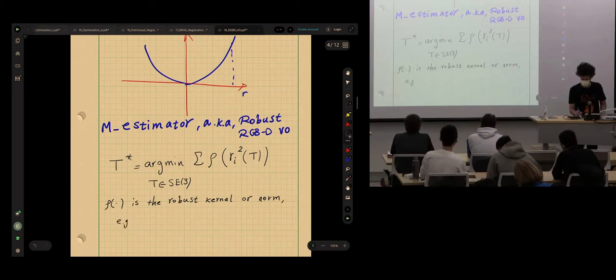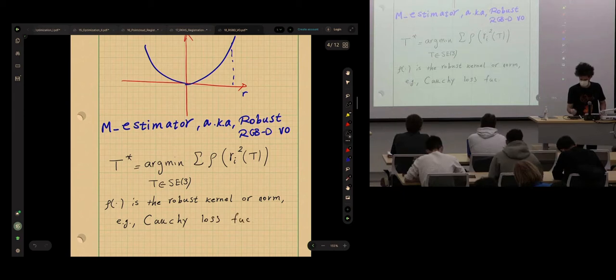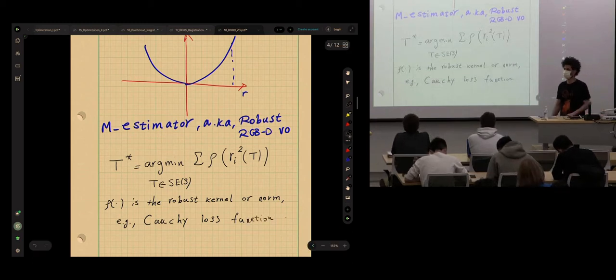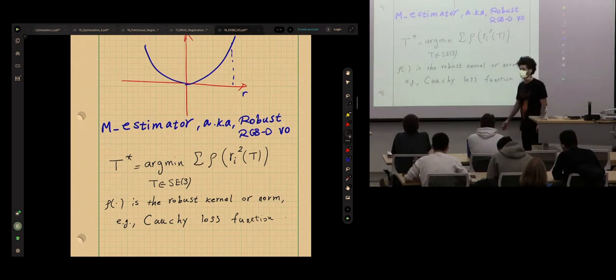For example, this is a Cauchy loss function. How to solve this?